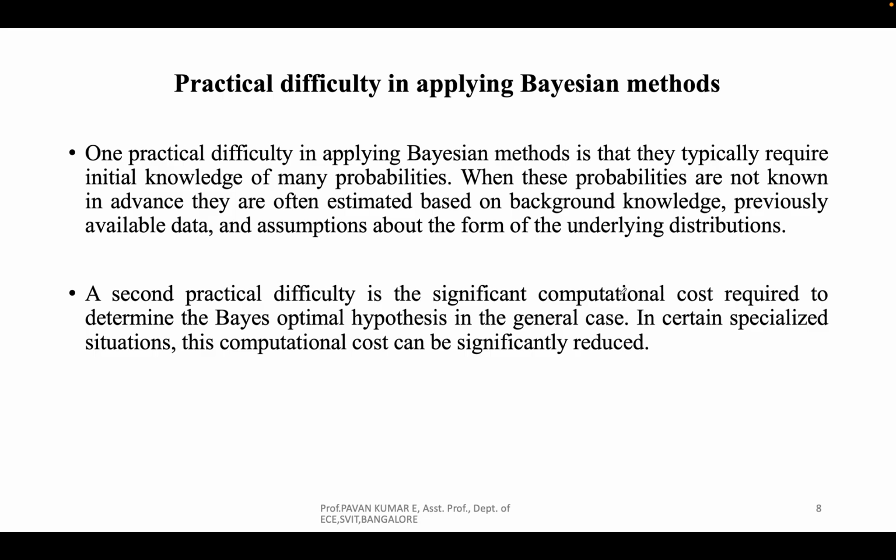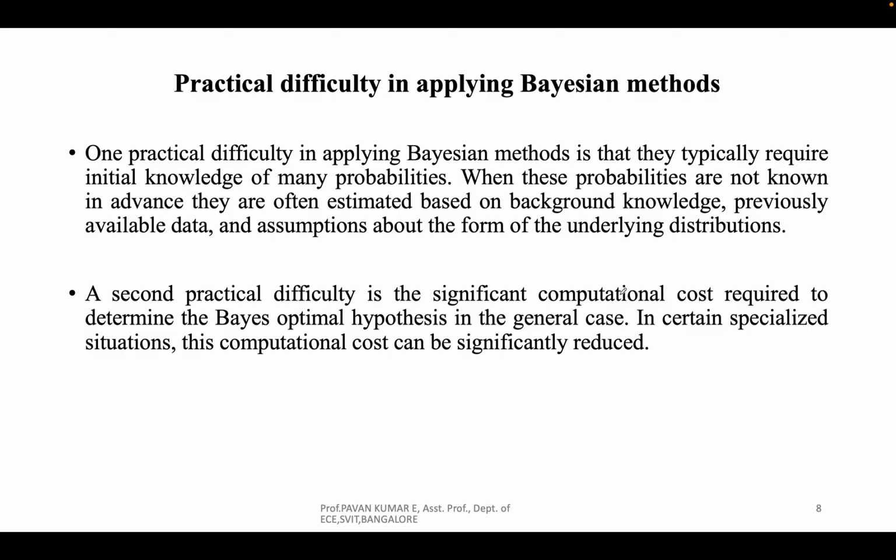We have talked about the advantages and how the optimization technique can be used. Here one thing we have to remember is the practical difficulties in applying Bayesian methods. There are two practical difficulties. The first is that they typically require initial knowledge of many probabilities. When these probabilities are not known in advance, it is very difficult to estimate the background or manipulate your data, and you cannot make assumptions according to your requirement.